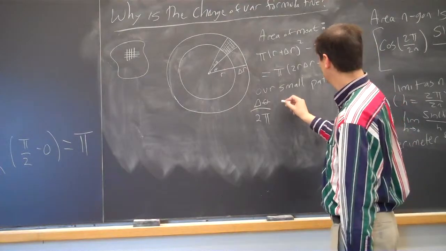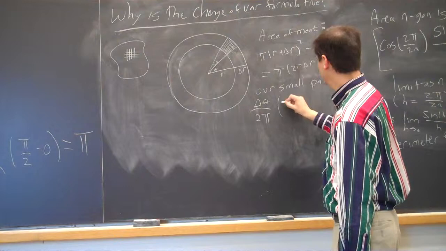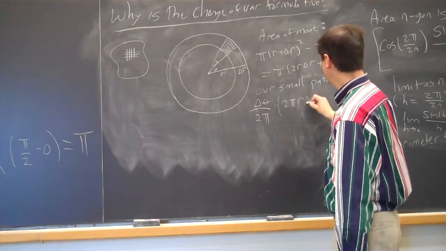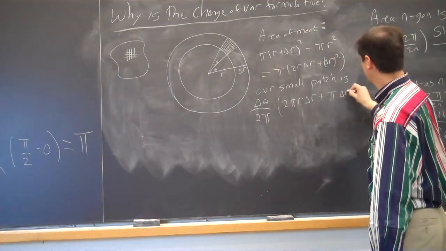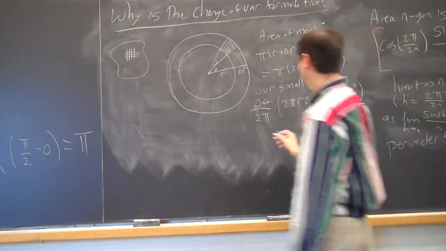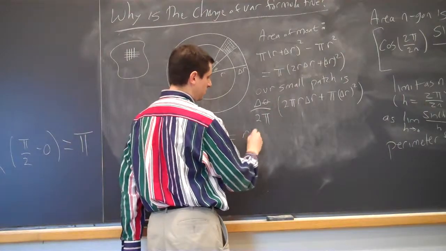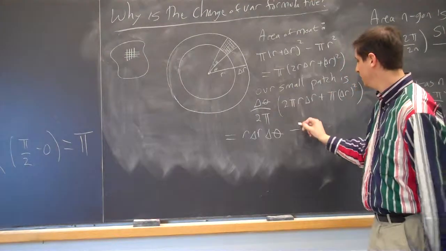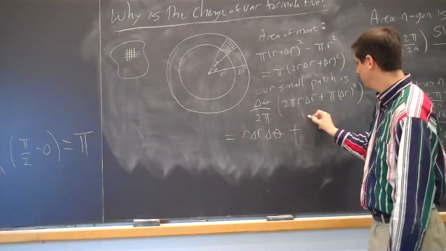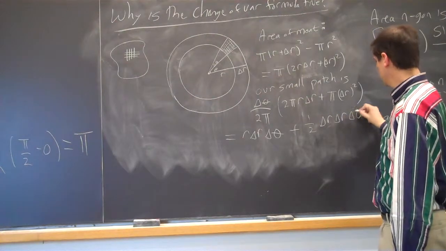So we get delta theta over 2 pi times, I'll bring the pi in, 2 pi r delta r plus pi delta r squared. And so now, when I do the algebra, the 2 pi's cancel here, and I get r delta r delta theta. And over here, one of the pi's cancels, and I get 1/2 delta r squared delta theta.